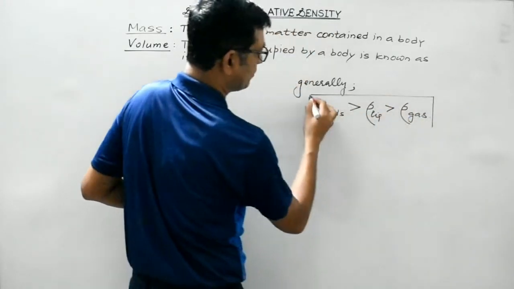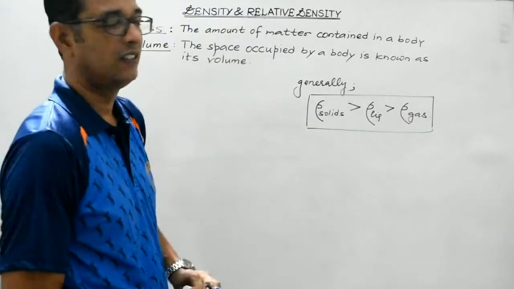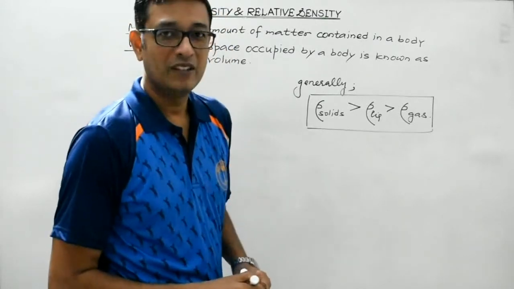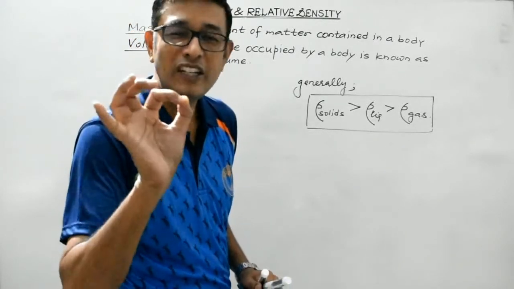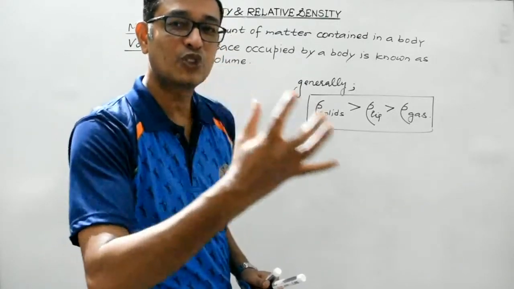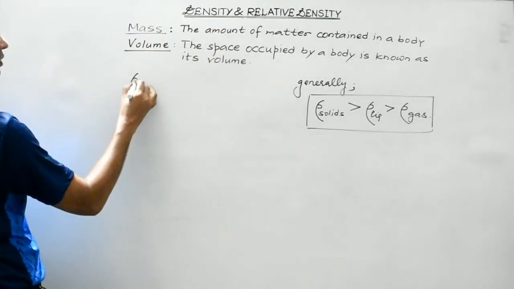There are a few exceptions as well, like the density of mercury. Mercury, students, is the only liquid whose density is greater than that of solids as well. Let me give you some examples.